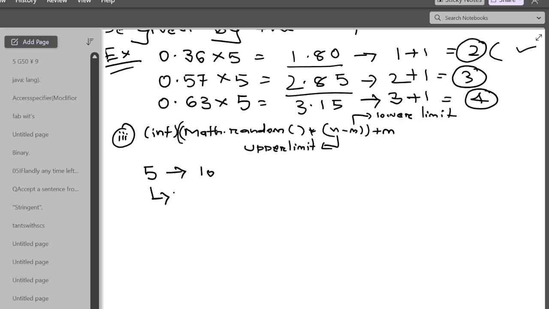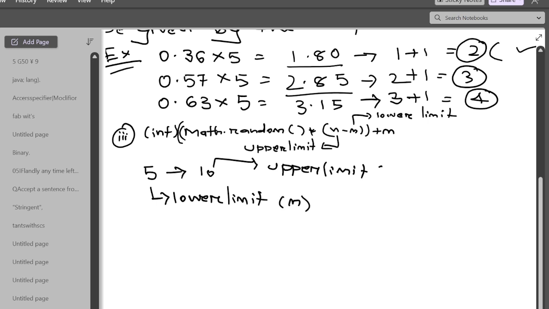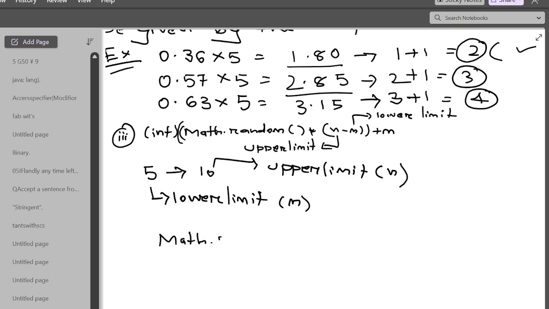So 5 is my lower limit and 10 is my upper limit. Can I replace these with variables, lower limit as m and upper limit as n? So what will be the formula? My formula will be (int)(Math.random() * (10 - 5)) + m. Very easy. Plus m means plus 5.